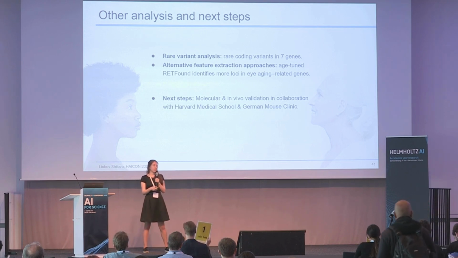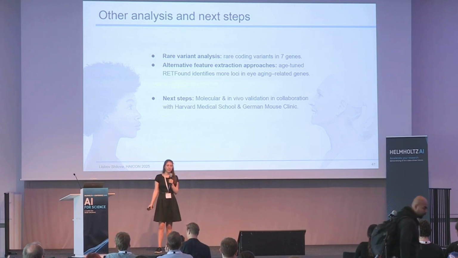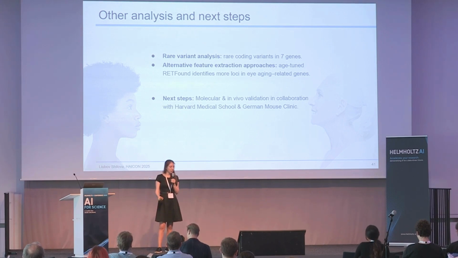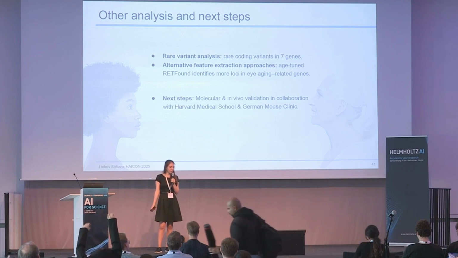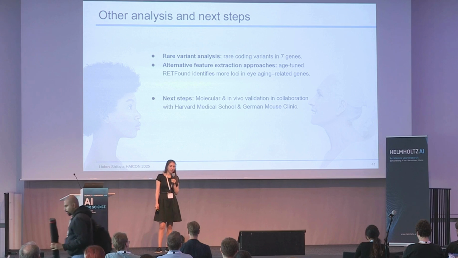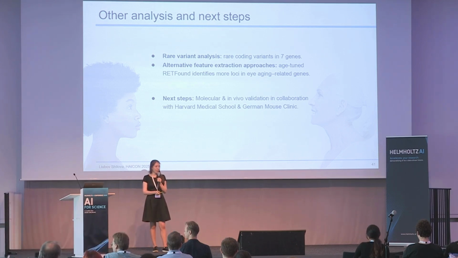Other analyses that we have performed included rare variant analysis, where we have identified 7 genes with rare coding variants associated with eye aging, and we compared the heritability of RETFound with alternative feature extracting approaches. The next steps will include molecular and in vivo validation in collaboration with Harvard Medical School and the German Mouse Clinic.